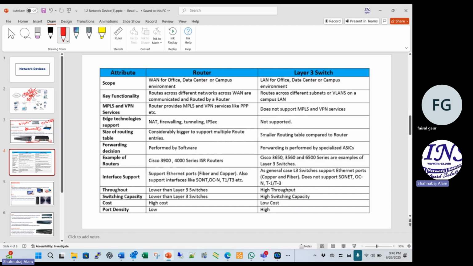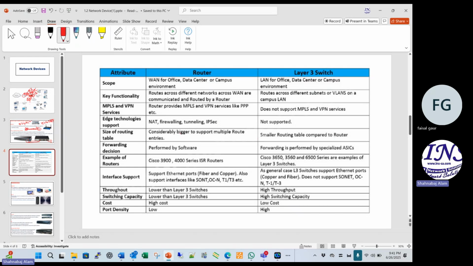The layer 3 switch does not support these. Next, consider the size of the routing table. The router supports considerably bigger routing tables with multiple route entries, and the layer 3 switch has a smaller routing table compared to the router.